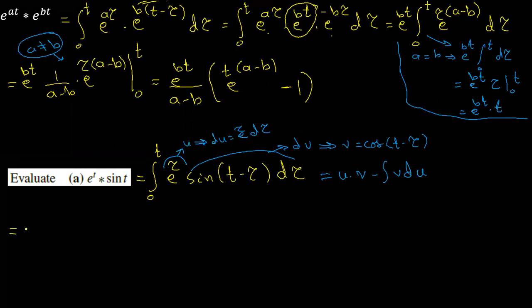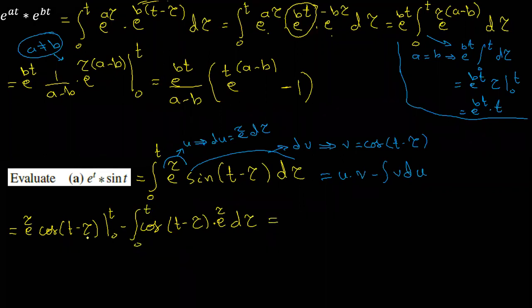So my u, it is e to the tau. My v, it is cosine of t minus tau, from 0 to t, minus the integral. My v, it is cosine of t minus tau. My dv, it is e to the tau d tau, from 0 to t also.